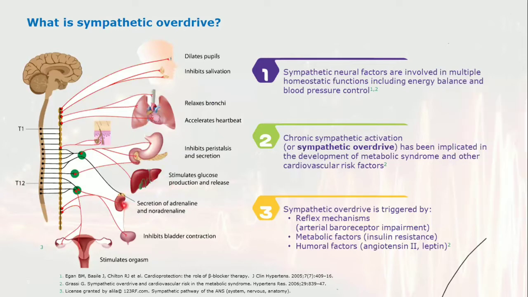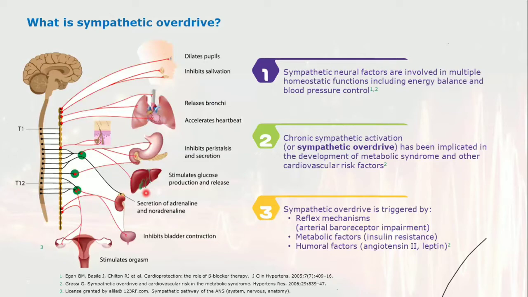And then the beta-1 receptors, which are here in the kidney at the juxtaglomerular apparatus, are stimulated. Renin is released, and then you have angiotensinogen from the liver, and this renin acts on it and converts it into angiotensin 1. Angiotensin 1 is converted into angiotensin 2 by the angiotensin converting enzyme, and this then acts on the AT2 receptors, causing vasoconstriction.